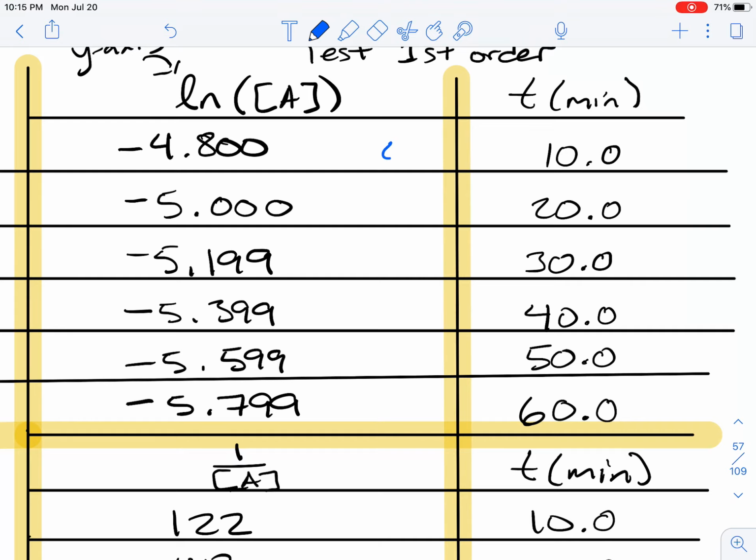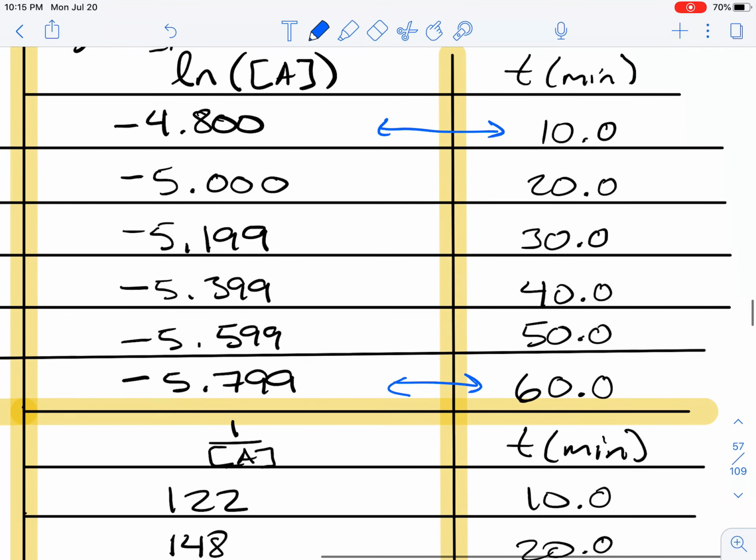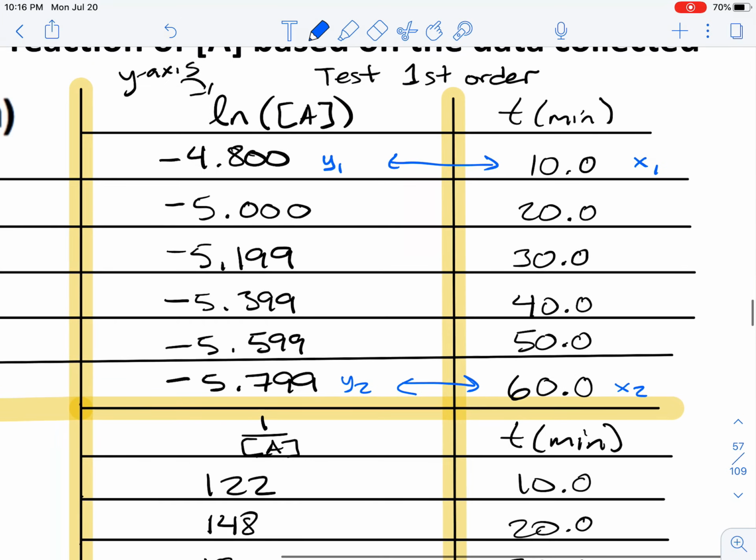So basically, I'm comparing the first point and the second point. I'm just going to go ahead and label this as x1, and this is y1, and this is y2, and this is x2. I guess this would be a much simpler way to determine the points that I'm going to use to calculate the slope of the line.